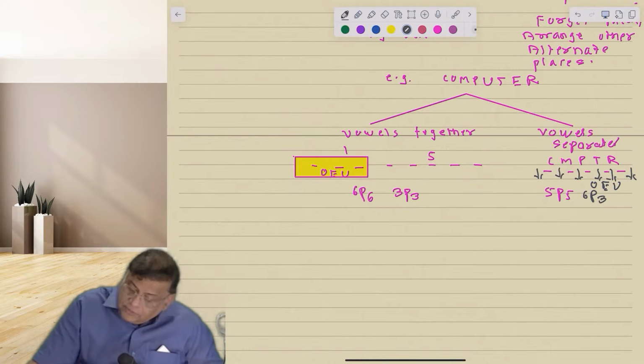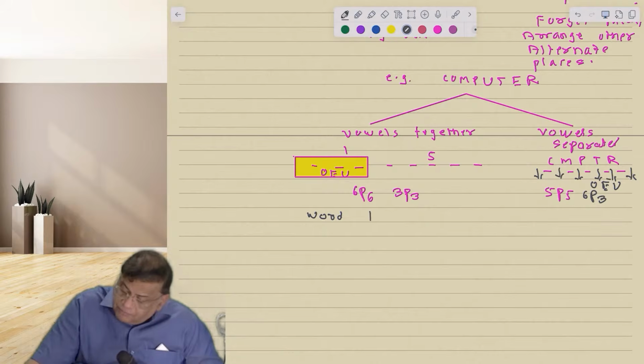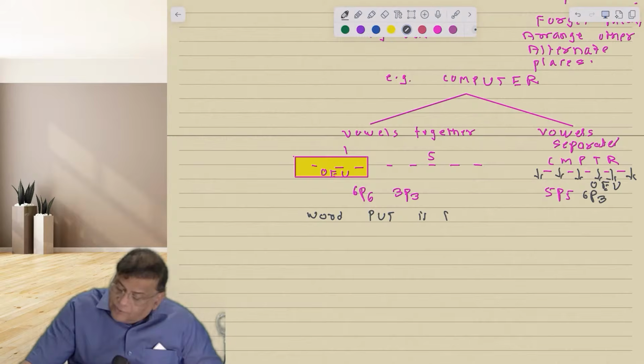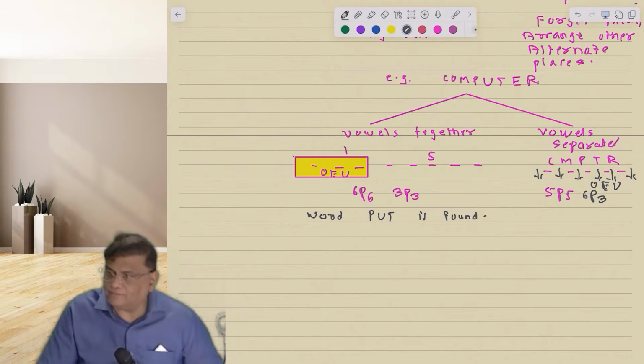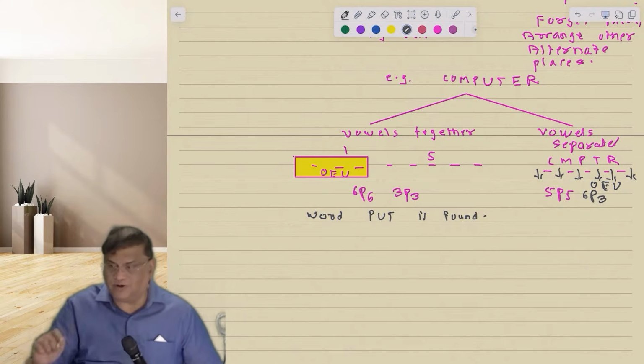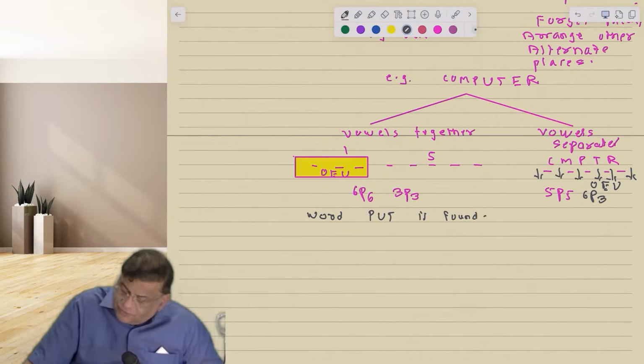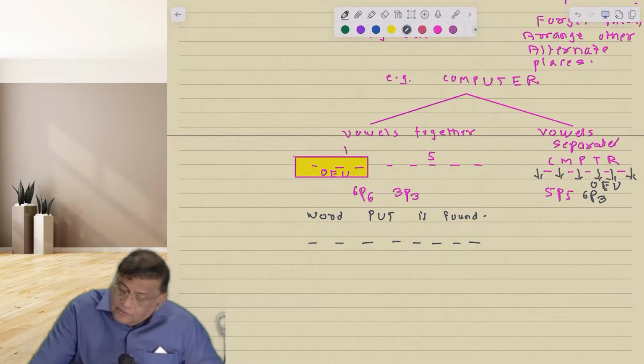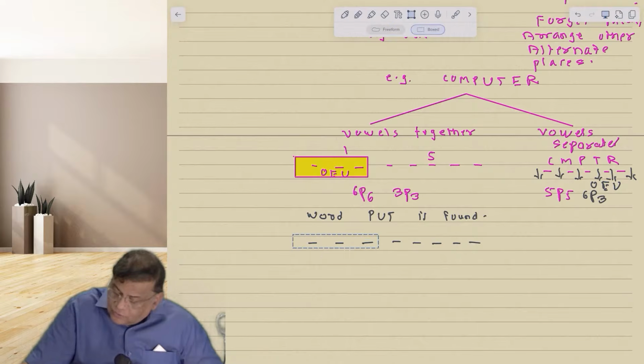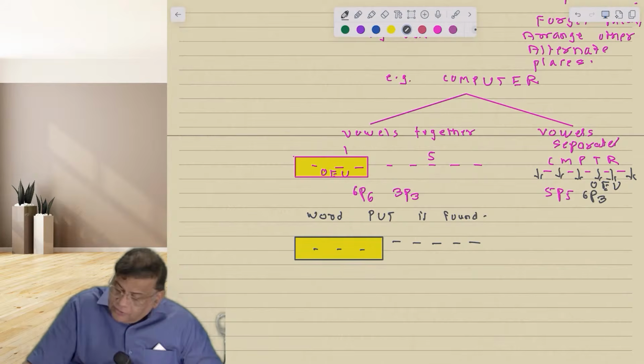However, here if I put a condition that the word PUT is found, so what happens? PUT must be together, but they are together in the same order. As such, 1, 2, 3, 4, 5, 6, 7 and 8. Now PUT enclose.